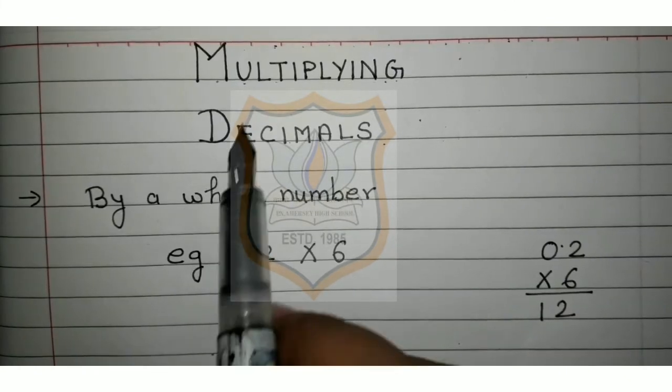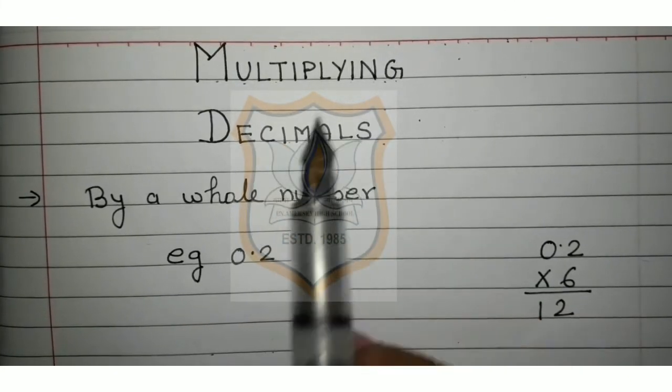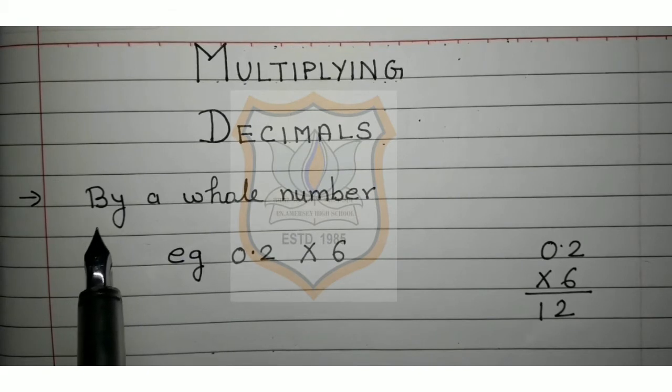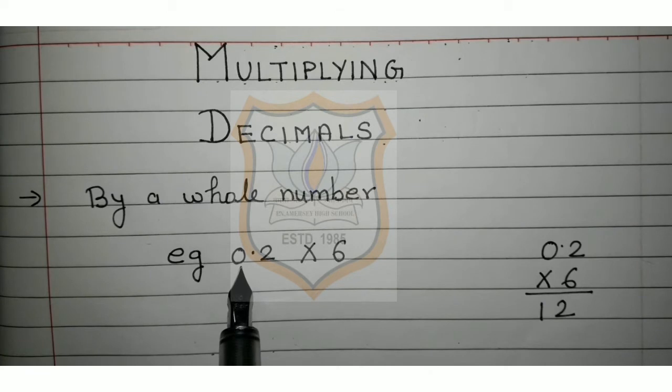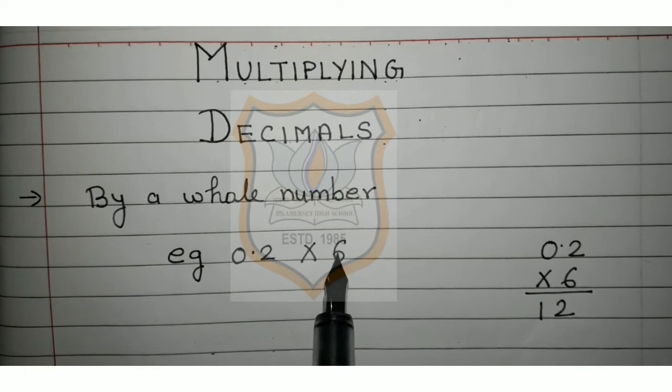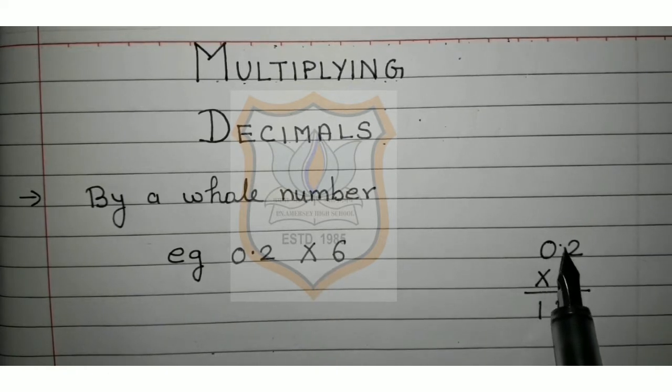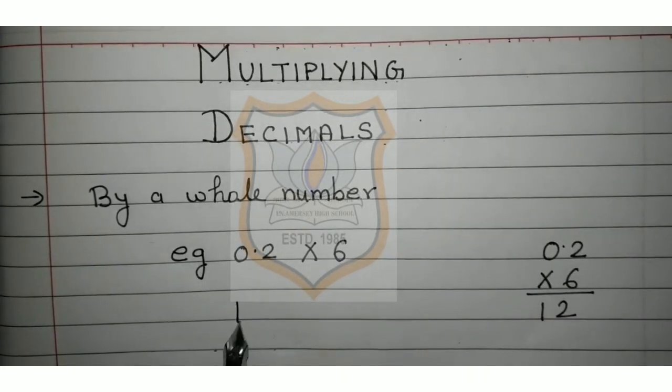Our next topic is multiplying decimals. The first point is multiplying a decimal number by a whole number. The example is the decimal number 0.2, and we will multiply this 0.2 by the whole number 6. Simply multiply 0.2 into 6, that is, 6 2s are 12. Our answer is 12.